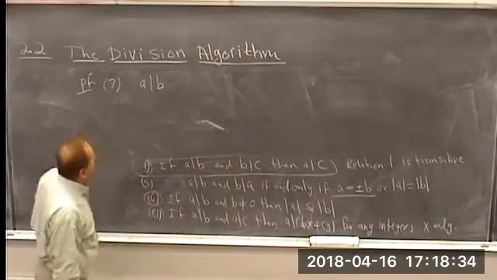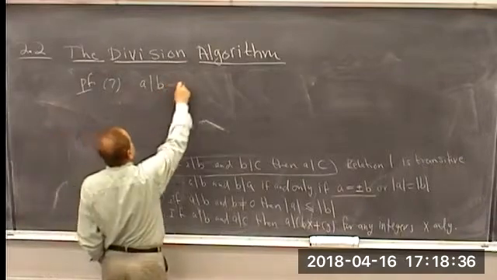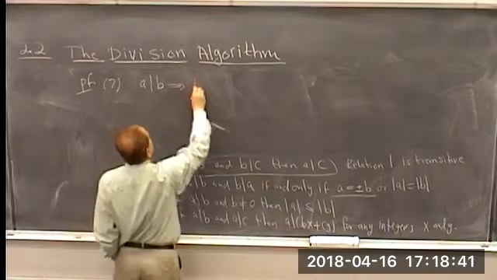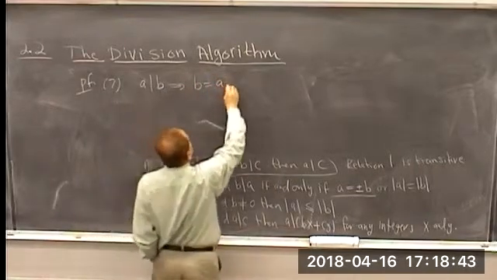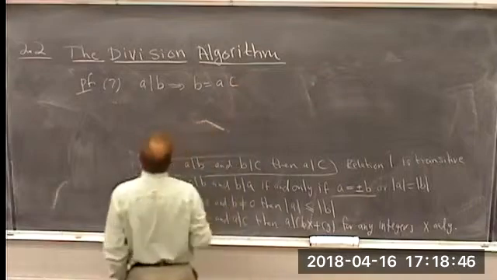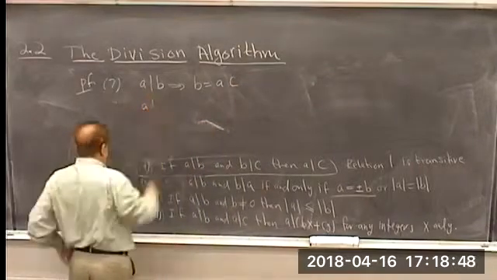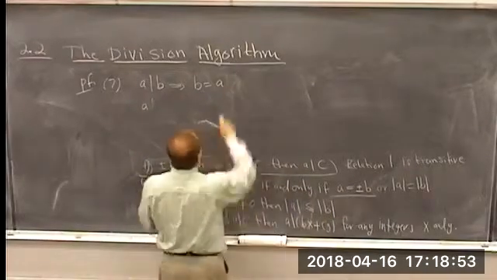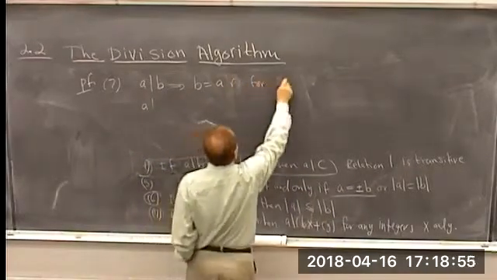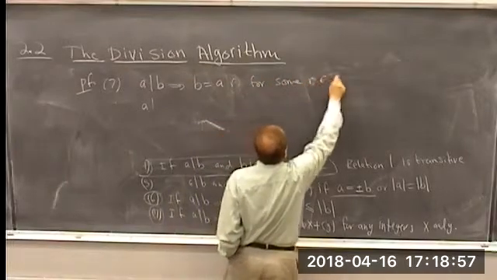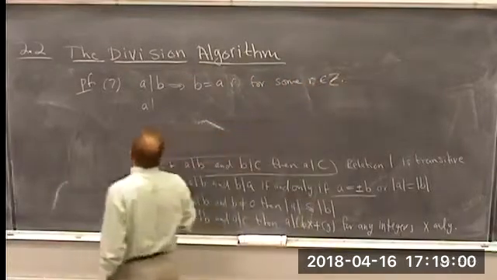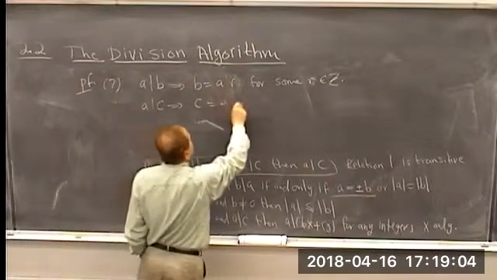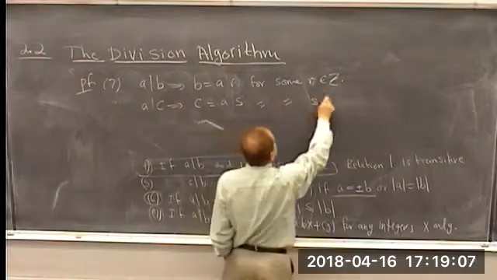So we go from scratch here: A divides B implies B is equal to AR for some R in Z, and A divides C implies C is equal to AS for some S in Z.